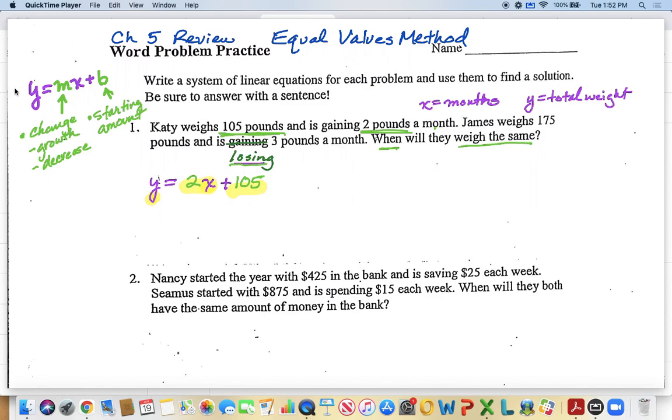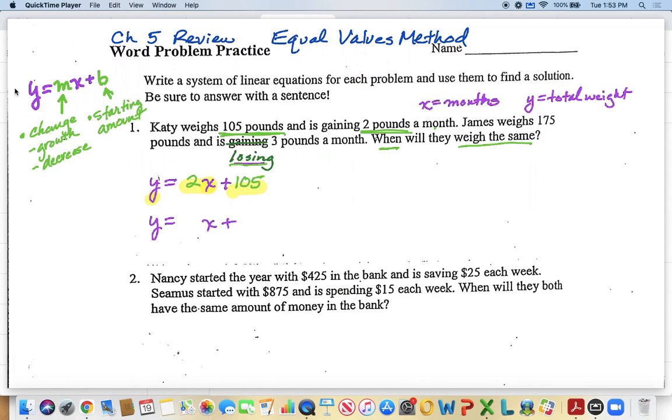Okay, so let's go ahead and look at James now. James is going to be y equals something times x plus something, which will be our starting weight.